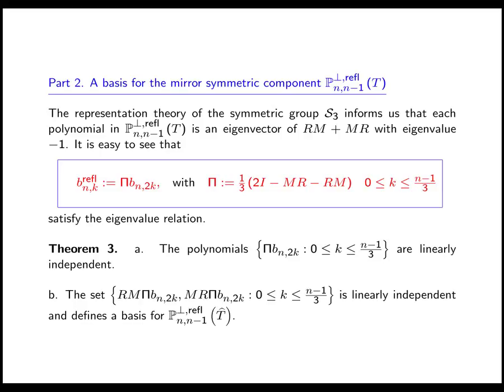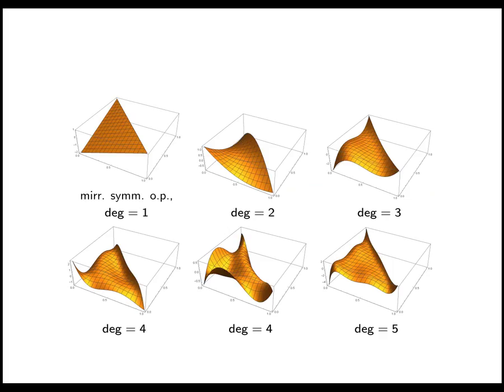At some point you get linear dependence. So how many are linearly independent, and then you find out this is this number, which is also some floor of (n-1)/3. And they look like that. So they are mirror symmetric with respect to this angular bisector, but not fully symmetric.